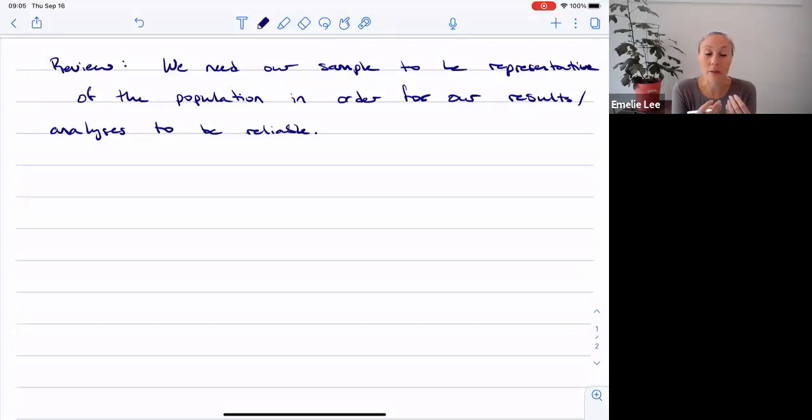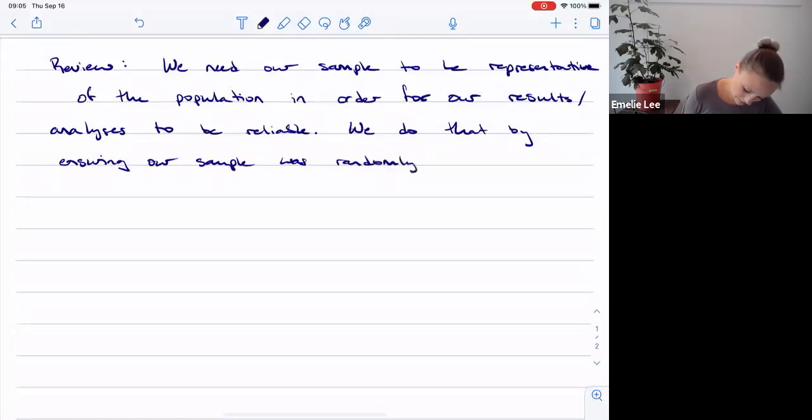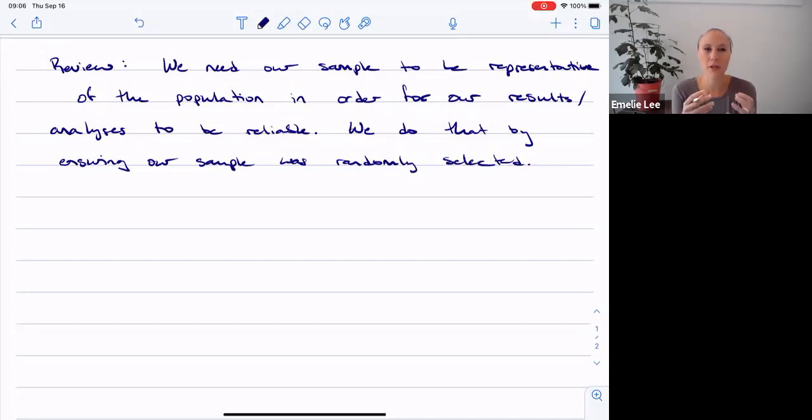How do we do that? The best way to do that is to make sure that we've collected a random sample. We do that by ensuring our sample was randomly selected. And we talked about a couple of other methods that we could use, right?